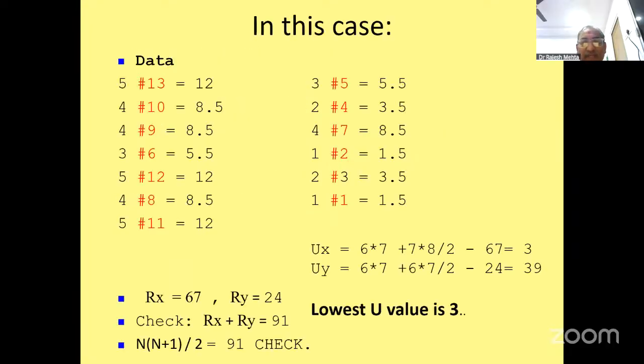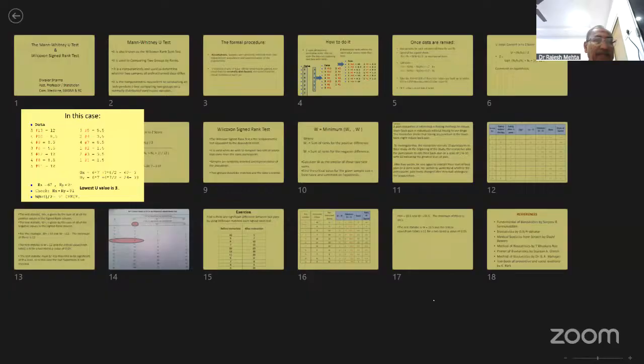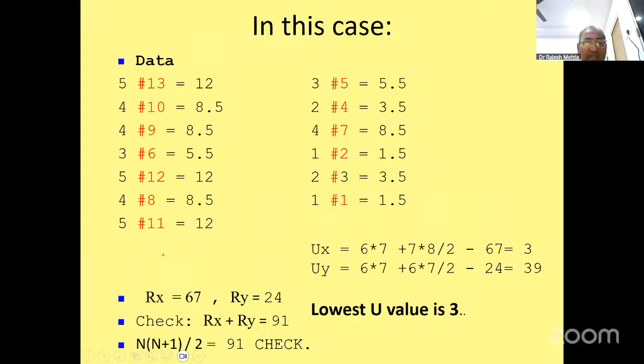Now, let us see how they are calculated. Rx is 67, that means the total of this, right? This is Rx. Ry is the total of this, it is 24. And for the purpose of checking, 67 plus 24 is 91, like that.